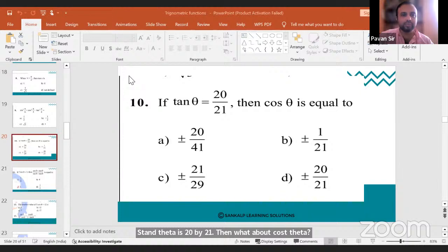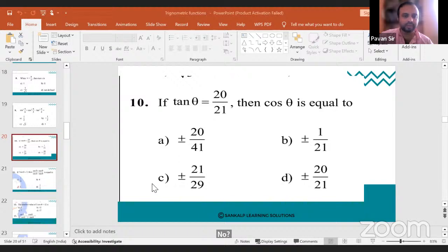First, calculate it and give me the answer. Option B. No. Option C. Apeksha. Correct. Option D is the wrong answer.